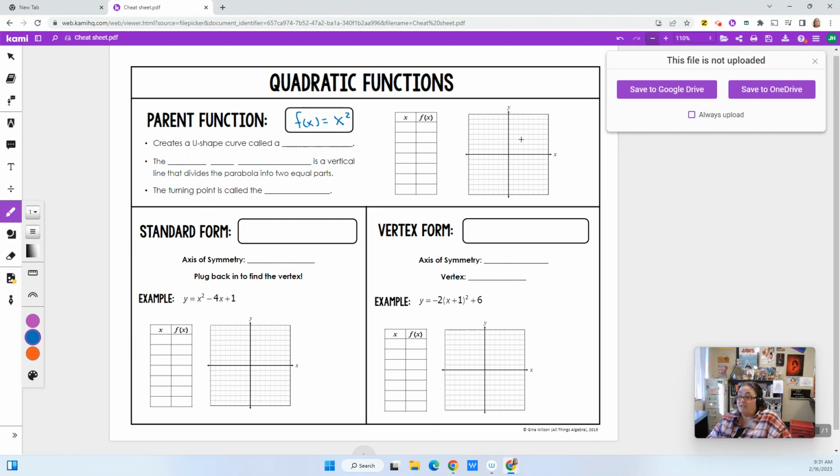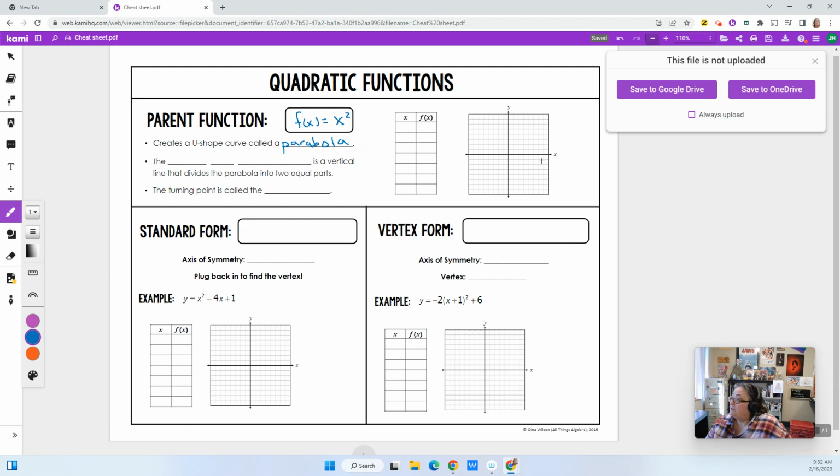Anything else that we're doing, the standard form or the vertex form, those are just manipulations of that parent function, right? They're things we're adding to it or subtracting from it or multiplying it by, but really that base function is just x squared. And it creates a U-shaped curve that we call a parabola.